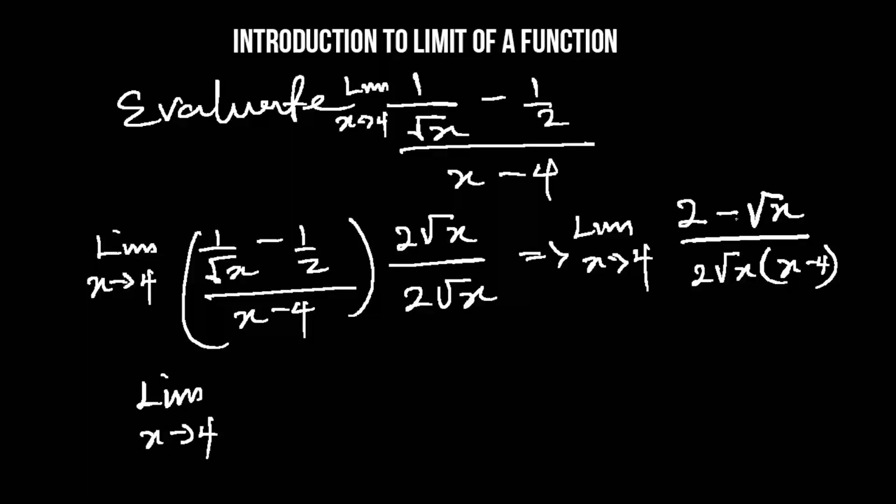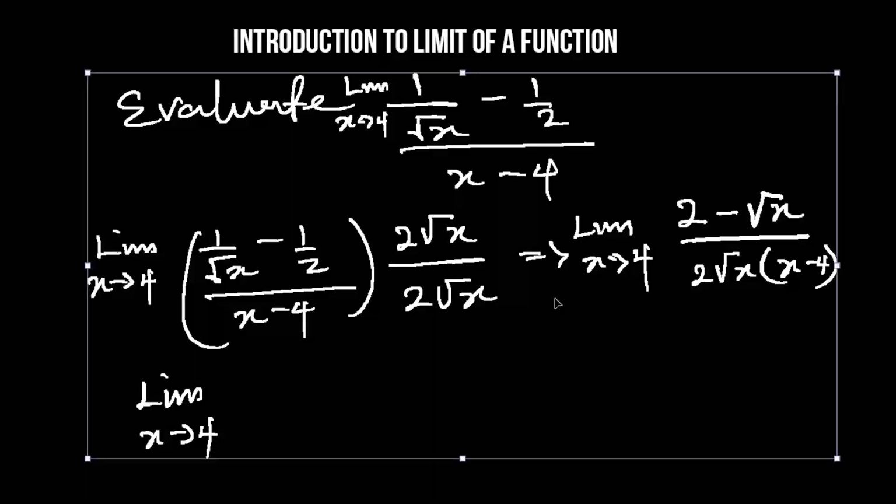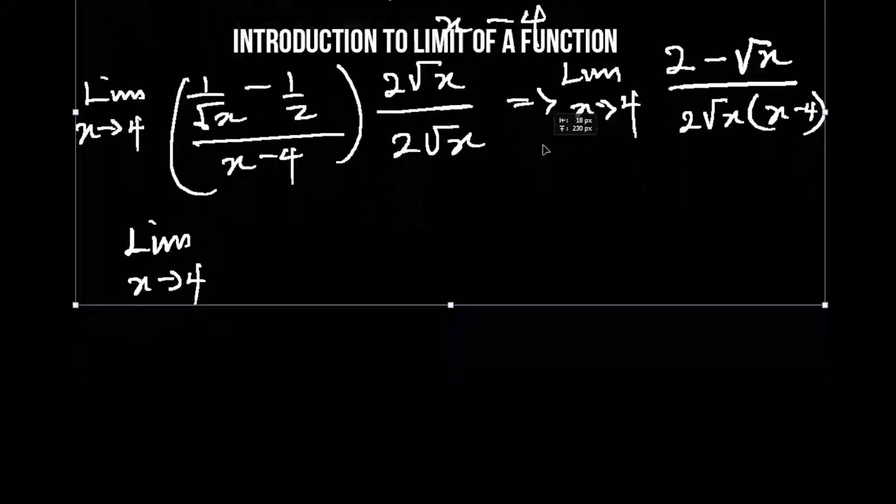Whenever you're having a radical like this, you multiply by the conjugate. Very important that you understand this, and you should not forget it. I'm thinking of doing something before multiplying with the conjugate, however, I think I should just multiply with the conjugate and move on.